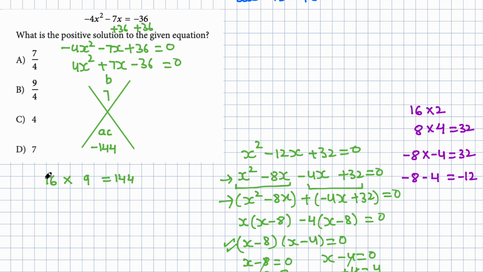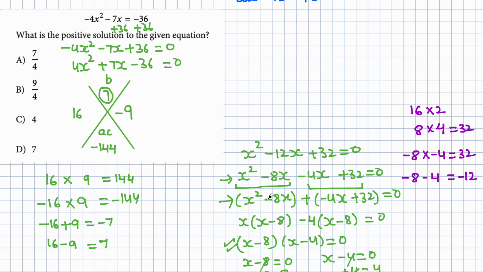Now I need to check, should I put the negative sign with 16 or with 9? If I do -16 times 9, yes, it is -144, but -16 plus 9 gives me -7. But I need +7. So that means the signs have to be reversed. Now we have two numbers, 16 and -9.